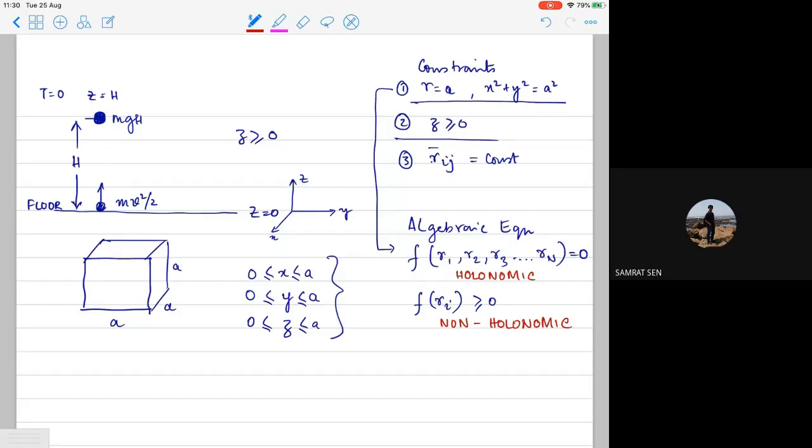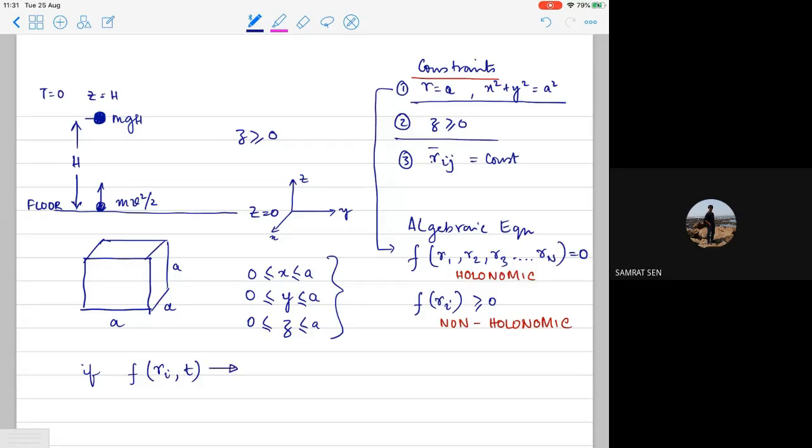Many of these problems we can make much more complicated. We are speaking of constraints. We can make the concept of constraints much more complicated. We can make the constraints explicitly a function of time. Now, if the constraints are explicitly a function of time, if that equation f is a function of ri as well as t, or it can be independent of t, as in the previous examples.